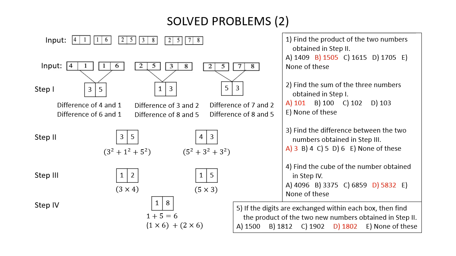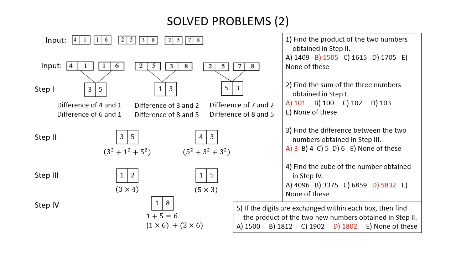Now, according to the pattern, we know that the first and the second input numbers are connected in some way to get the first number of step 1. The third and fourth input numbers are connected in some way to get the second number of step 1. And the fifth and sixth input numbers are connected in some way to get the third number of step 1.